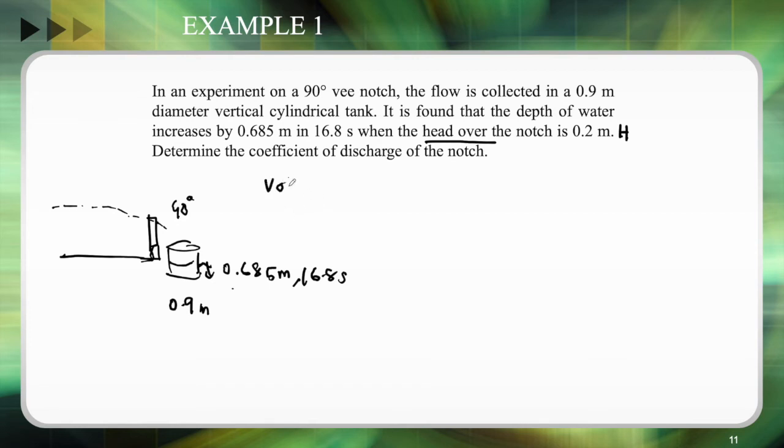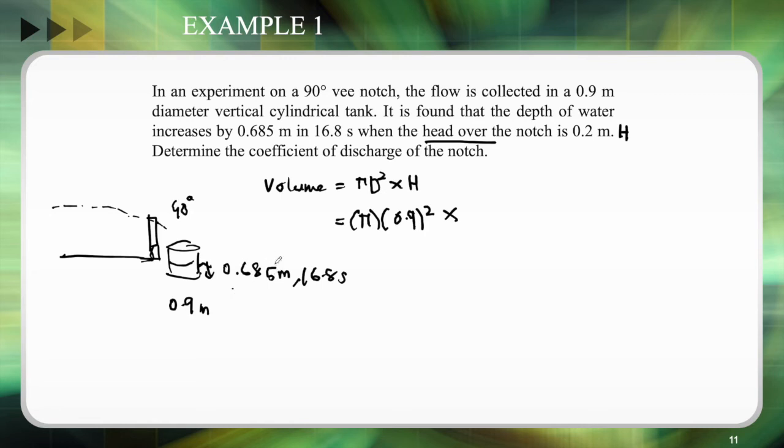To find the volume of this cylindrical tank, we multiply the cross-sectional area of the tank by the height. The diameter of the tank is 0.9, so we multiply pi with 0.9 squared, in meters. If it is in centimeters, you have to convert it into the SI unit, which is meter.